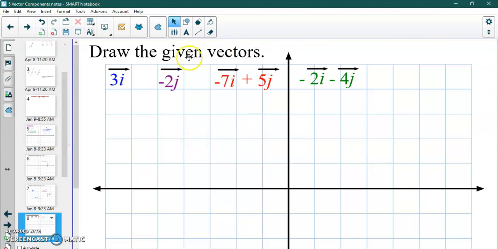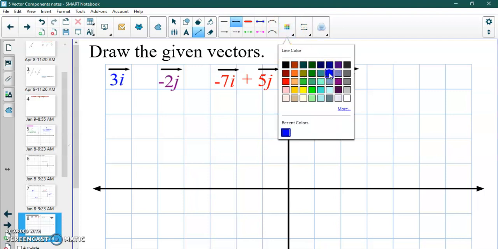All right, so let's go ahead and draw the given vectors here. We're just going to say that all of these are starting at the origin, 0, 0. So go ahead and draw this one out. 3i doesn't have a j component, it just has an i.